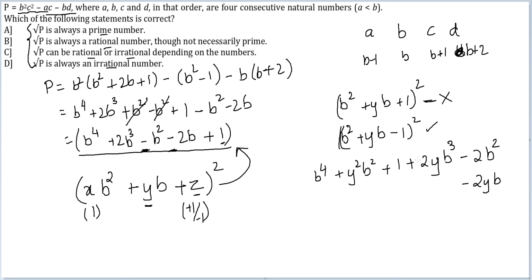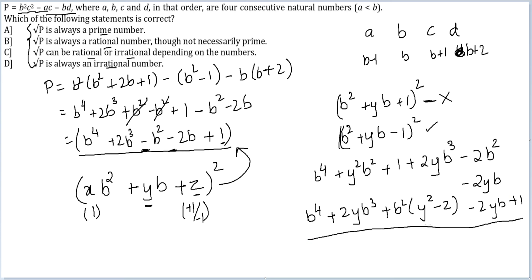Now see, there are two b square terms, so let's rearrange that. B raised to the power 4 plus 2y b cube plus b square, coefficient being y square minus 2, minus 2yb plus 1. This is the square of the general term that we have found.